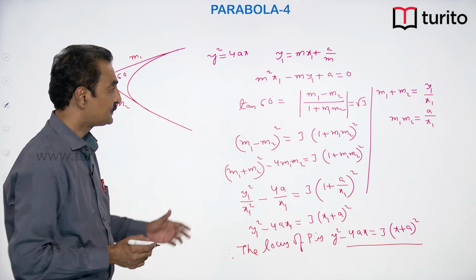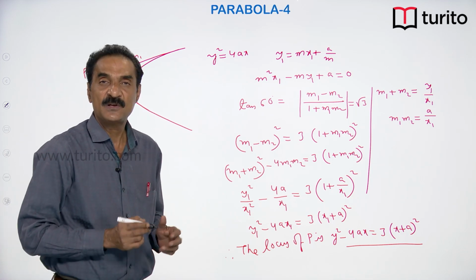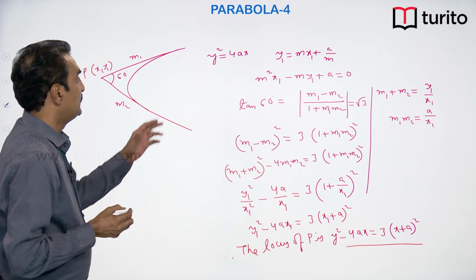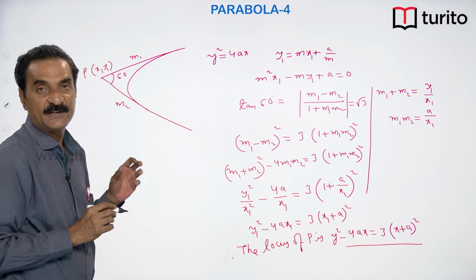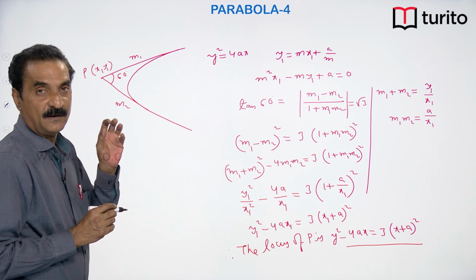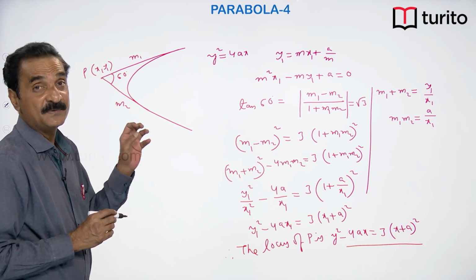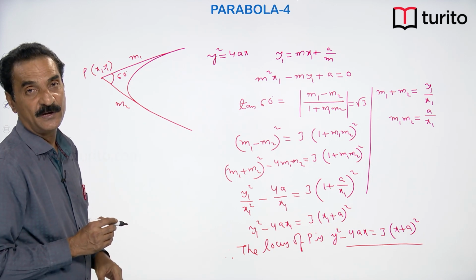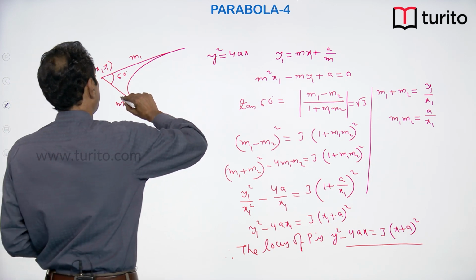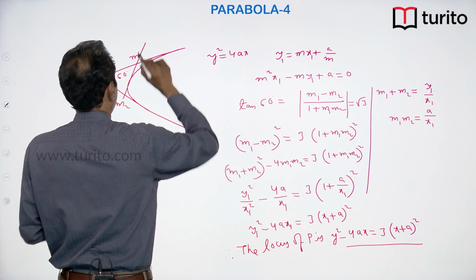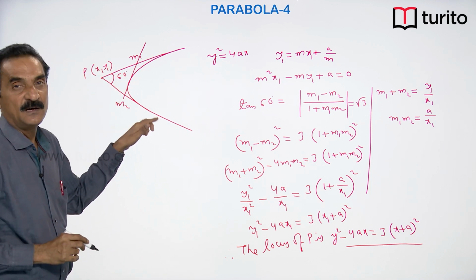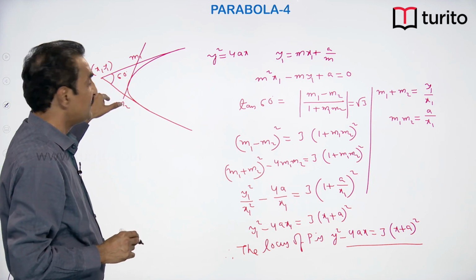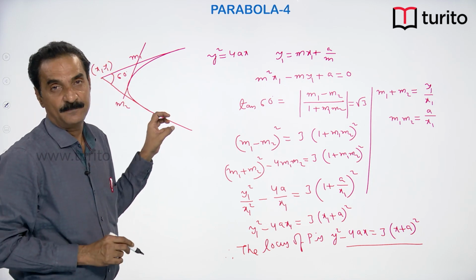Okay. The same question can be asked in a different way. Same parabola, find the locus of the vertices of the equilateral triangles circumscribing the parabola y square is equal to 4ax. See, if a triangle is formed by 3 tangents of this parabola, then this is called a circumscribed triangle.